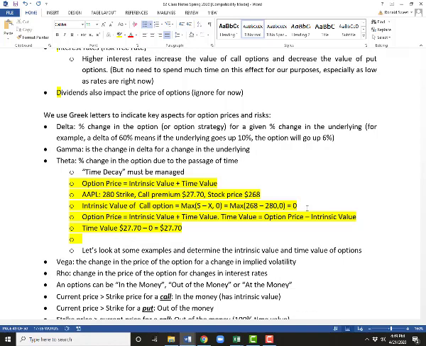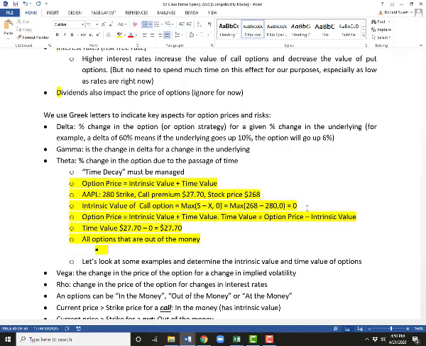So this is very, very important. See if you can think, maybe you have to freeze the video and just think through this. All options that are out of the money. Remember, for calls, that means that the stock price is worth less than the strike. That's what we had here. The stock was 268 and the strike was 280.